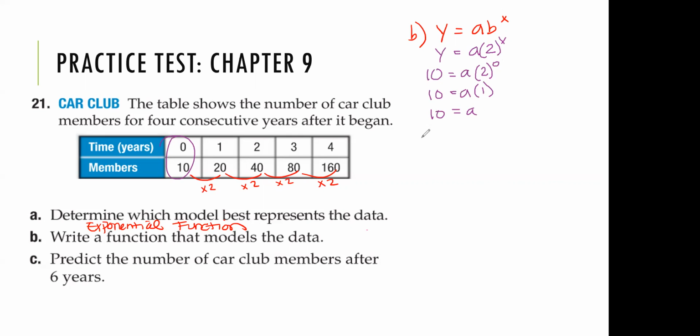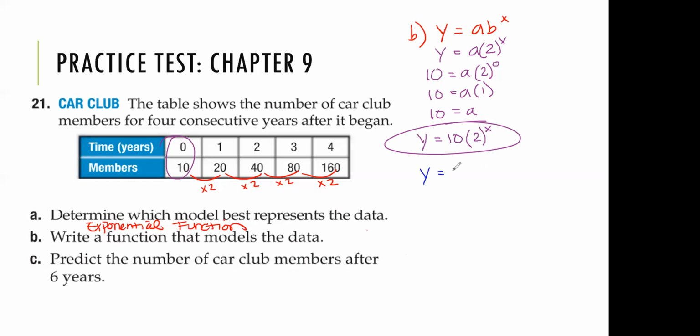So now I know from my equation, y equals a, which is 10, times b, which is the common ratio, 2 to the power of x, okay? So that is my equation there, okay? And then the last thing, it says predict the number of car club members after 6 years. Okay, well, I've got my equation, so now I'm just plugging in 6 for the number of years, which is x.